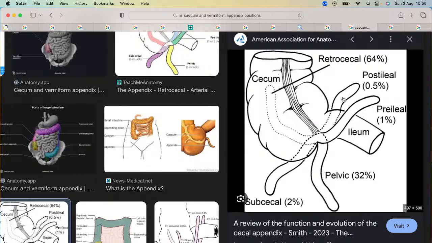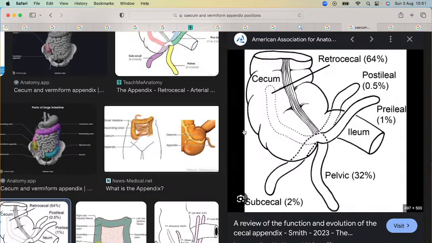With that we have the post-ileal and the pre-ileal positions, the pelvic and the subcecal position. The one missing here is the lateral cecal position, which runs lateral to the cecum. So those are the 6 positions, and remember the retrocecal is the most common position.